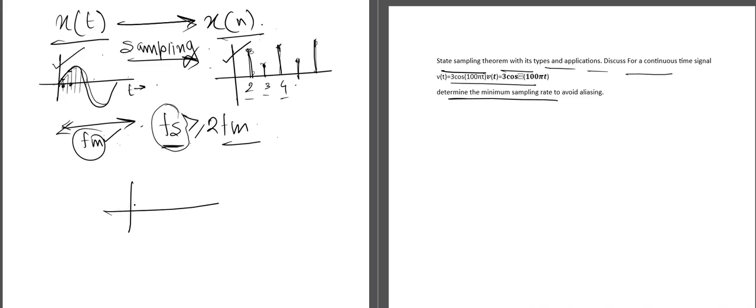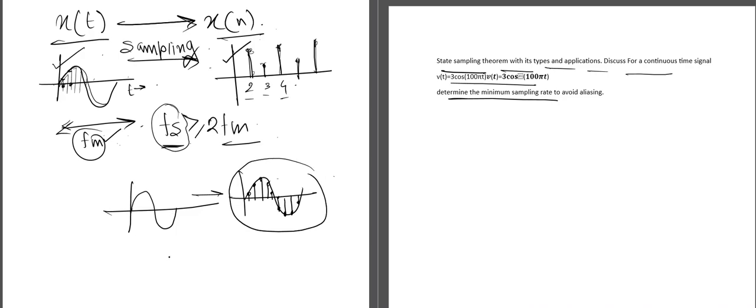So let us see a visual expression of sampling. Suppose this is a sinusoidal signal. When we do the sampling, what do we get? We will be getting some values at some discrete time intervals like this. So after sampling, we will get a signal like this, right? I have drawn the outline of the sinusoidal signal in this case. If we remove the outline, we will get a signal like this.